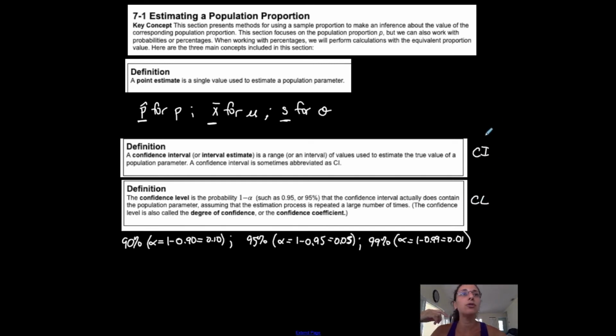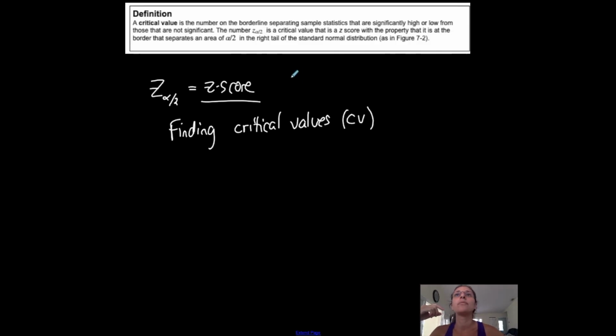So I'm going to use my abbreviations now. Confidence level, confidence interval, CV, critical value. We're going to start just here. Let me take an example from your book, actually, and use that for this.